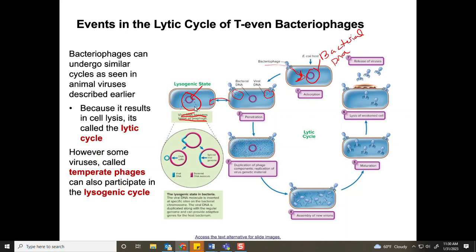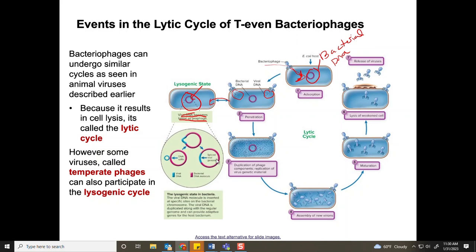All right, so that's what a prophage is. Know that. It is the DNA that consists of our bacterial genome with the viral genome inserted into it. So to see that a little bit bigger, basically the stuff in blue is the viral genome and the bacterial genome is that in the pink.